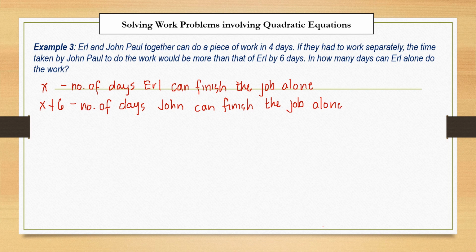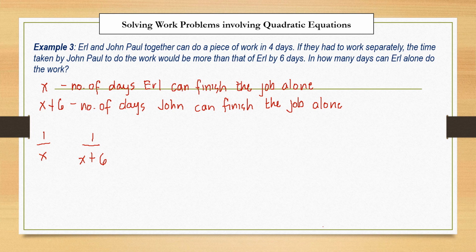Next, how do we represent the amount of work that Earl can finish in 1 day? That will be 1 over x. How do we represent the amount of work that John Paul can finish in 1 day? That would be 1 over x plus 6.